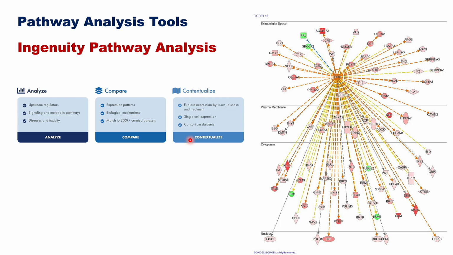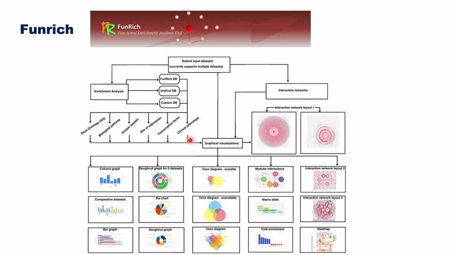You just click the button and say I want the upstream regulator of TGF-beta 1, and from your data it will do this and give you a beautiful diagram like this. Here, look, it is giving all the information. It will tell you the pathway, it will tell you the transcription factor.